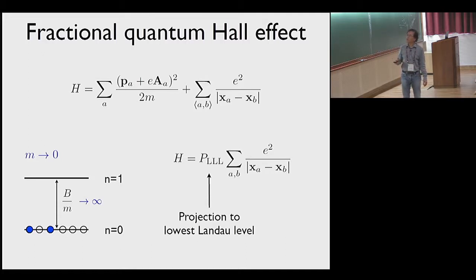Roughly speaking, the kinetic energy is now 0, but the potential energy is non-trivial. So the usual hierarchy used in perturbation theory, that the potential energy is small but the kinetic energy is large, is now reversed. e squared can no longer be used as the small parameter of perturbation theory.